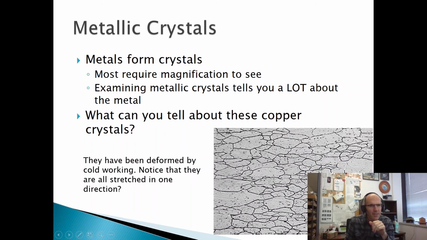Just about every crystal, whether we see just a little end piece of it, whether it's a small crystal or a long crystal right here, they tend to be stretched out this way. And so someone who's familiar with looking at micrographs of metals would look at that and say, oh, this material has been subject to plastic deformation.